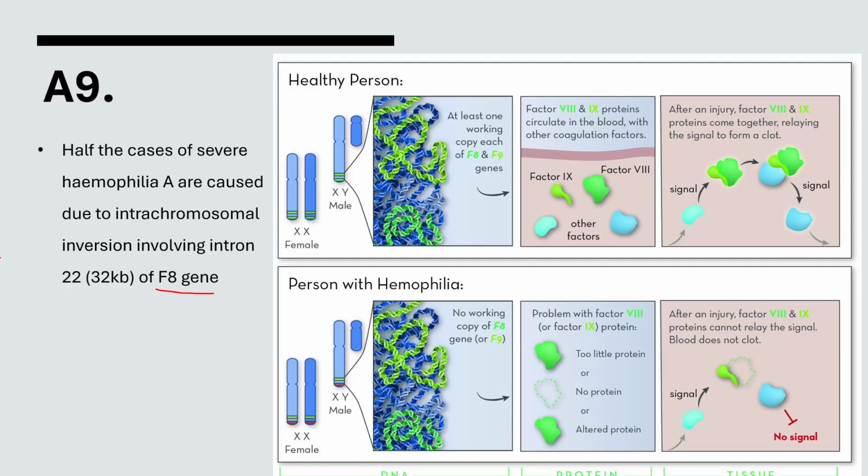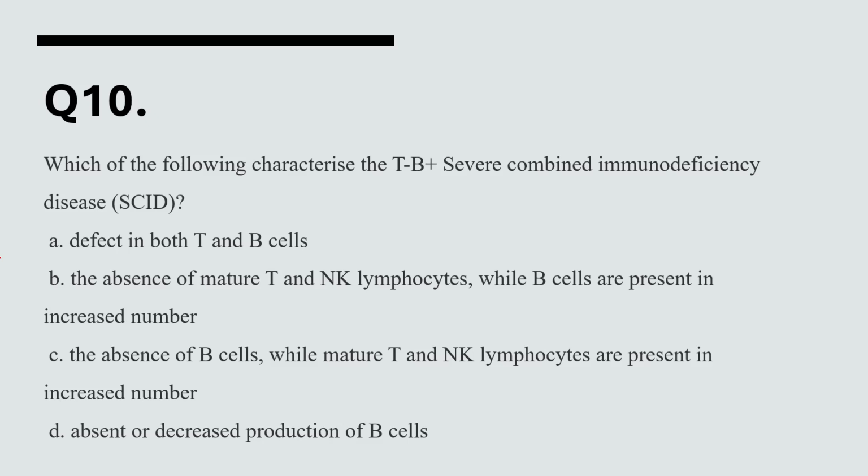So here is your answer: the absence of mature T and NK lymphocytes, while B cells are present in increased number.